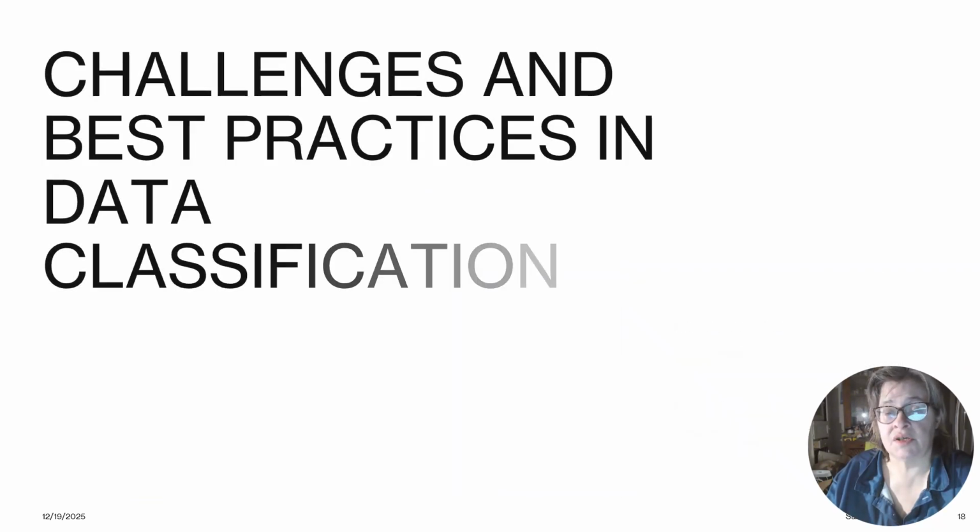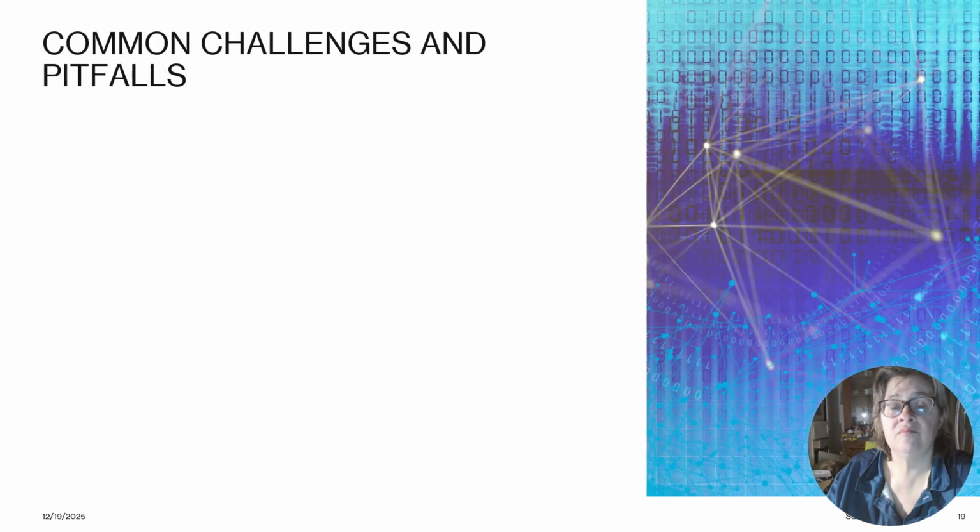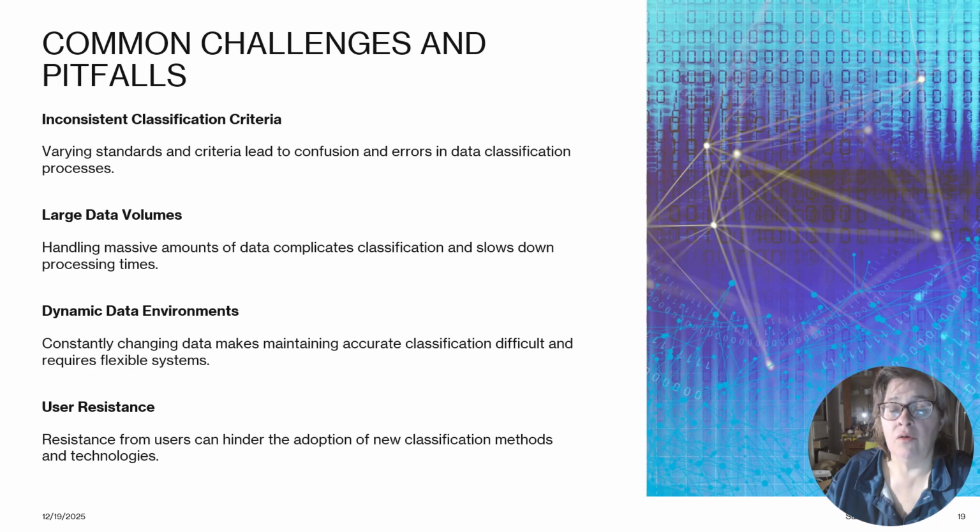In this final section, we address common difficulties in implementing data classification and share some strategies to overcome them effectively. Challenges can include inconsistent classification criteria, large data volumes, dynamic data environments, and user resistance, which can hinder classification efforts.